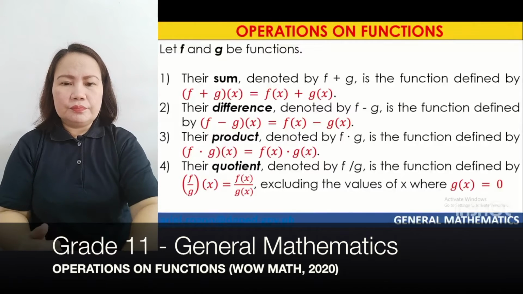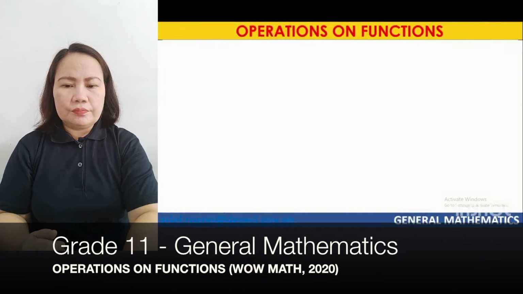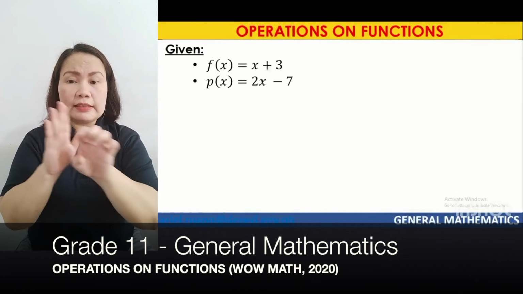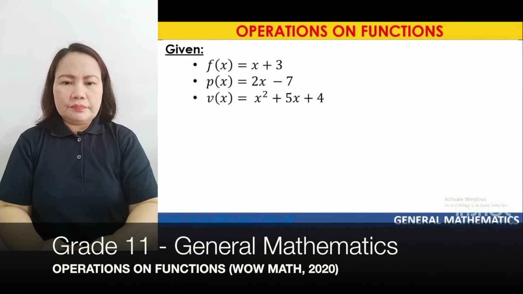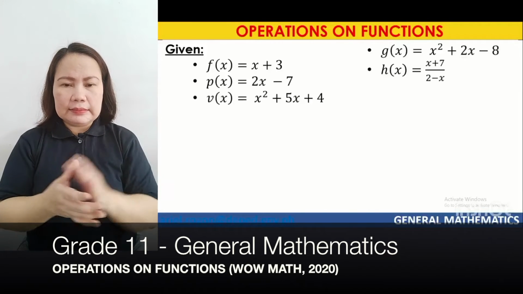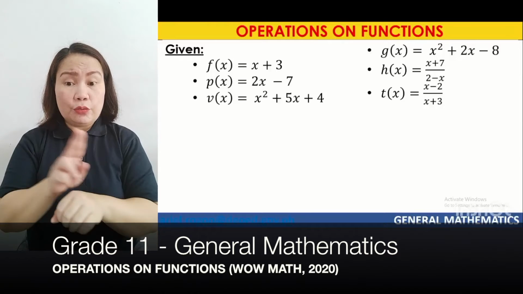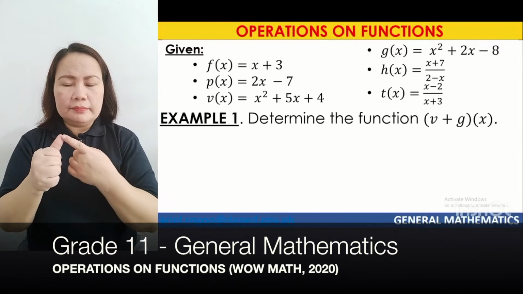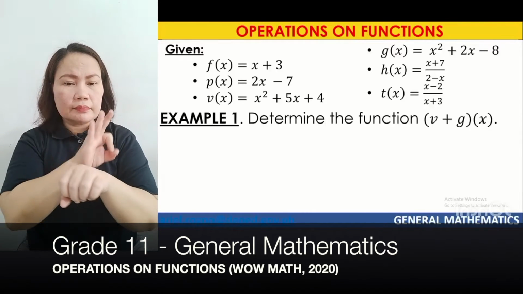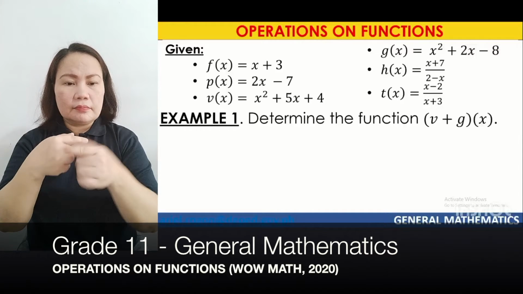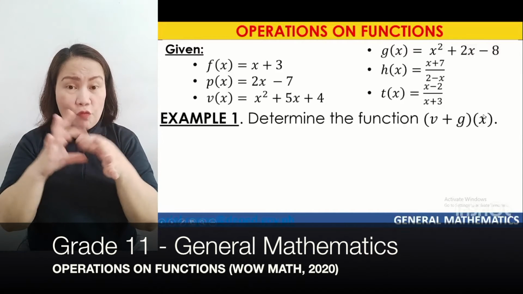Okay, let's proceed for the examples. I'll give you a set of given functions. So marami to. O, yan ang gagamitin natin. First, determine the function f plus g of x.